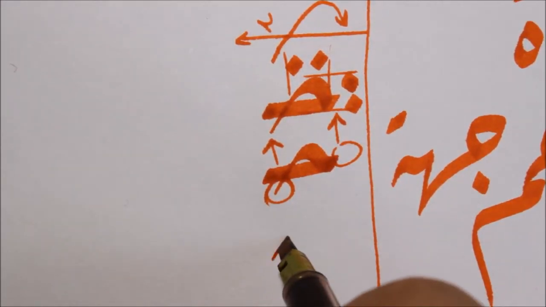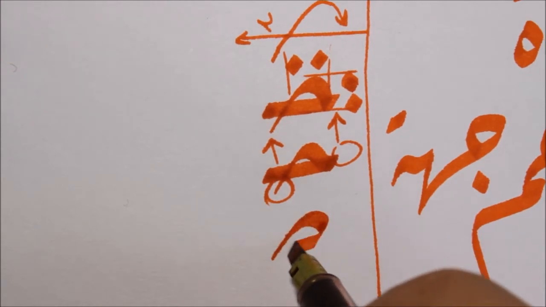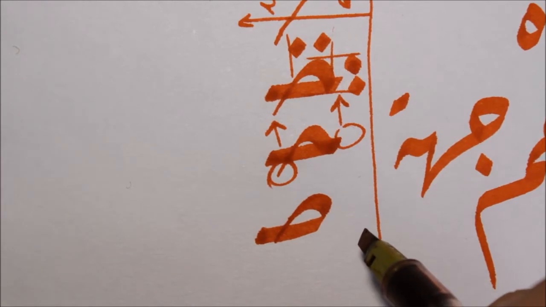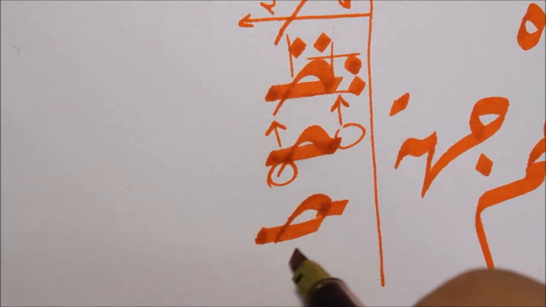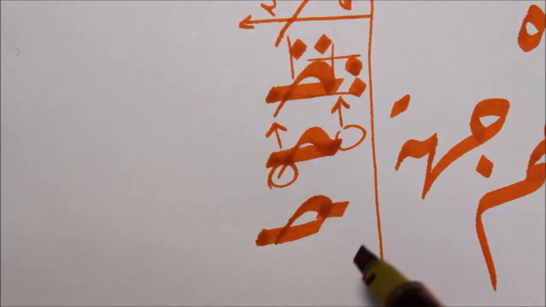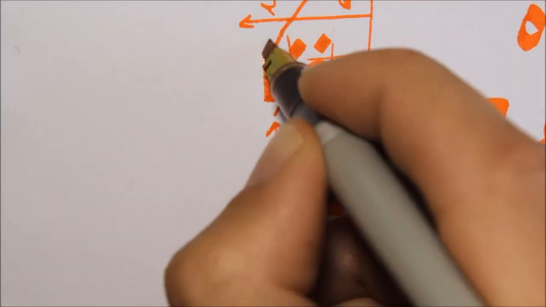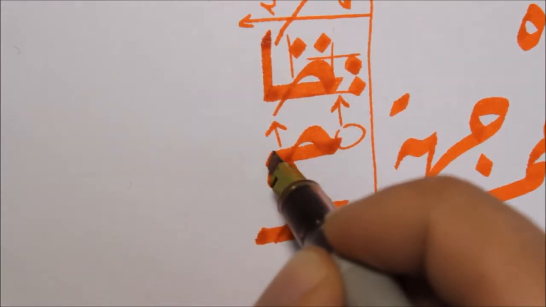Sad in Ruqa'a is the same move, but you do this. It's exactly the same move, but instead of starting from back, you just continue it. As we said, this comes connected, for example, with an alif or with a ba.